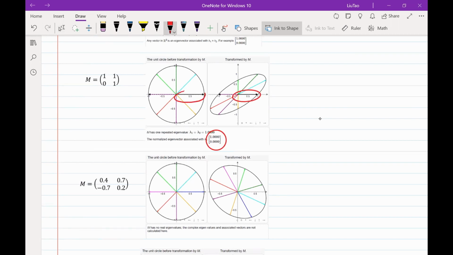This vector doesn't change its direction, and it is not stretched either, because the eigenvalue is 1. So if we input (1, 0), we get (1, 0).